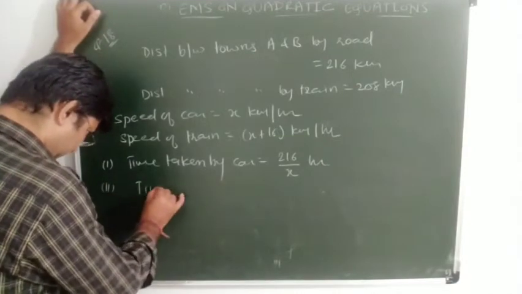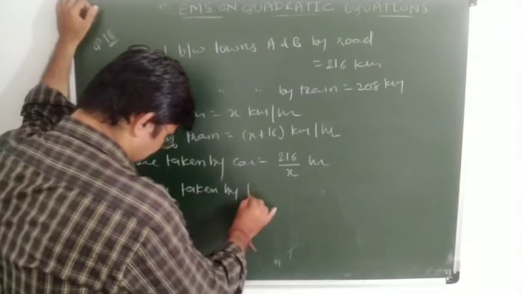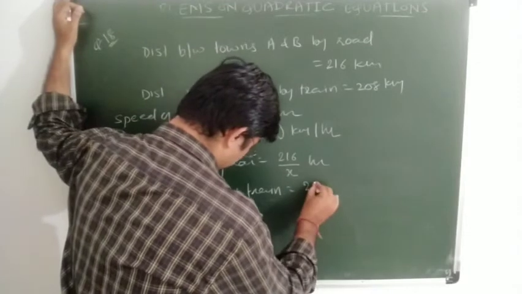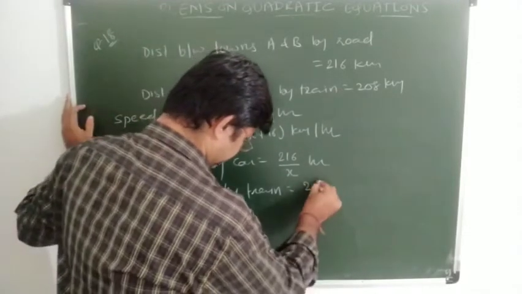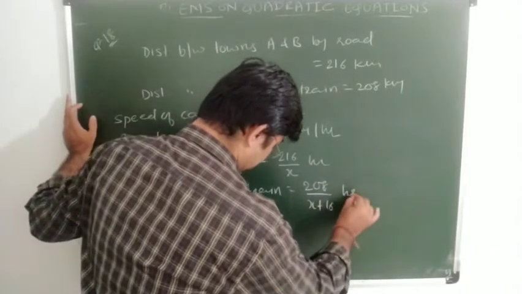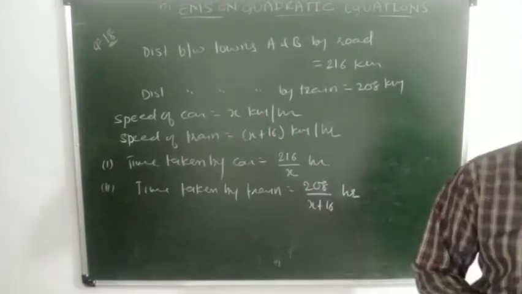Similarly, time taken by train will be 208 upon x plus 16 hours. Clear? So the first two answers we have written.